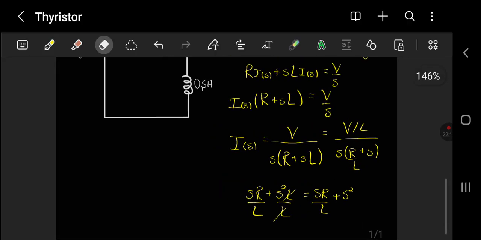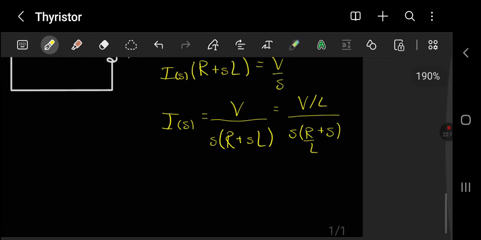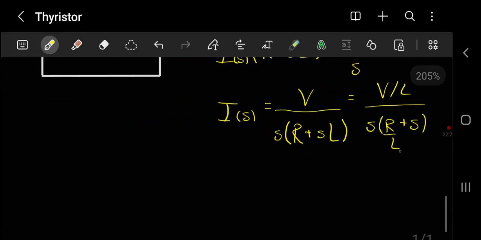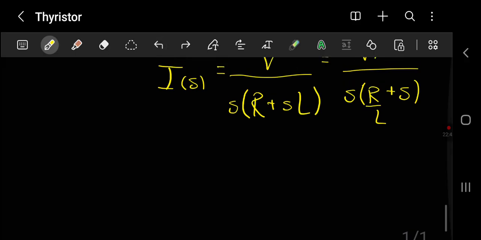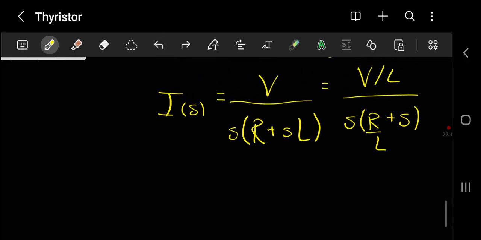And when we look for a term which looks like this one, when we substitute the variables on the table of Laplace transformations, we're going to see a similarity in the terms.